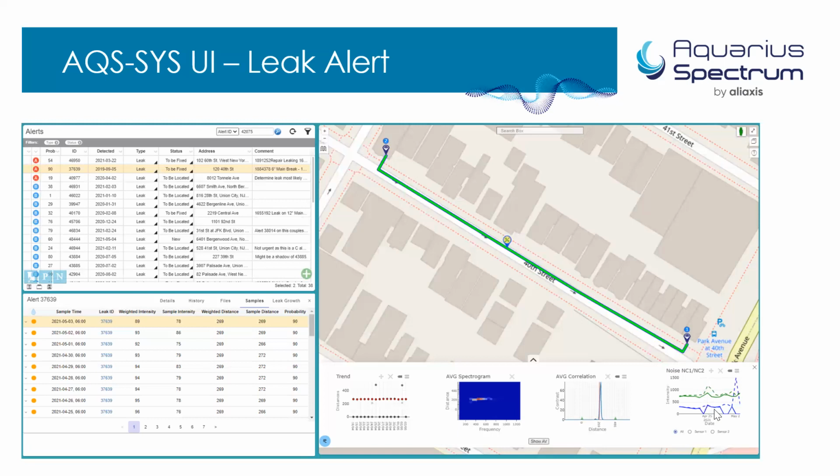This tool is a noise level tool for sensor 1 and sensor 2. Basically, the system will take small noise samples during the day, before the night of the correlation, a few samples during the day, and compare it to the average level of noise that is recorded in the night for the correlation and compare the two.